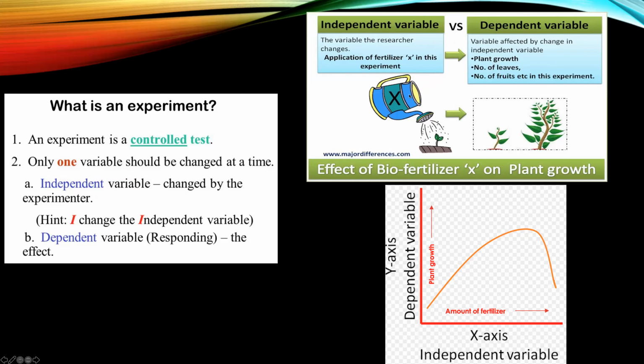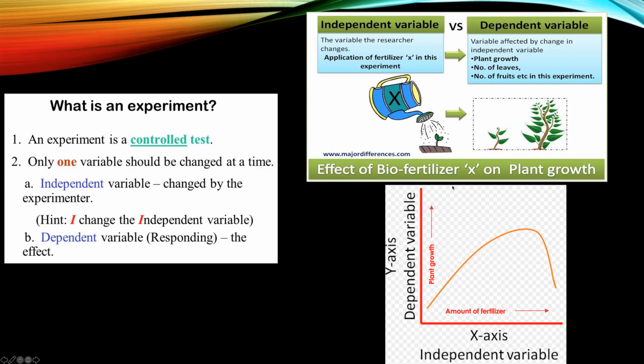In this case, we're testing fertilizer, and the independent variable is treatment with fertilizer. The dependent variable is the response to that, and the response will be the plant growth, or the number of leaves or number of fruits, any parameter that you wish to choose to measure response of the plant.